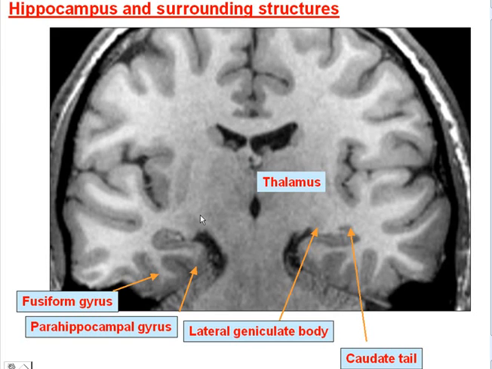This is a T1 image. This shows nicely the parahippocampal gyrus, collateral sulcus, and fusiform gyrus. And again, you can identify the caudate tail, and in the posterior portion of the thalamus, sometimes you can identify the lateral geniculate body.